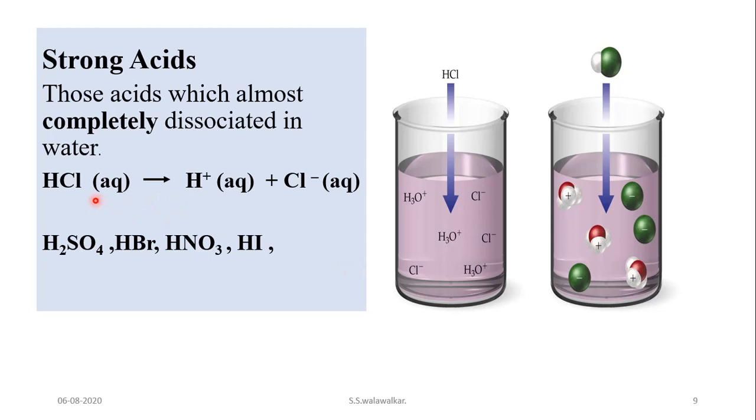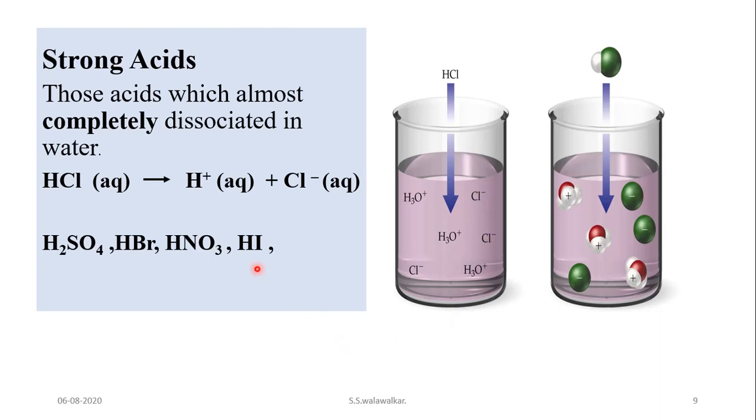Suppose HCl is dissolved in water, then it produces H ions. Actually the hydronium ion is there, but for convenience we write it as H ion, and Cl ion. When HCl is dissolved in water, complete dissociation takes place and all the molecules get dissociated and form H3O, the hydronium ion, and the chloride ion.